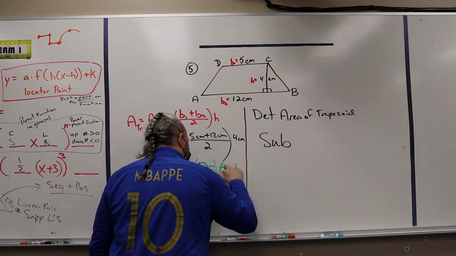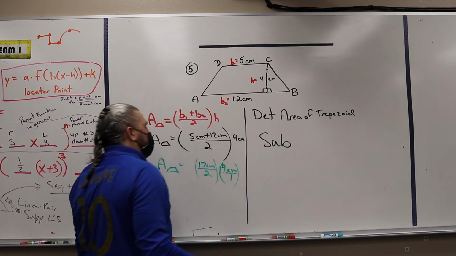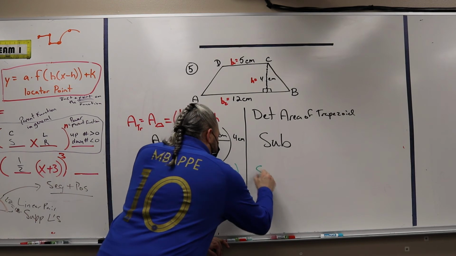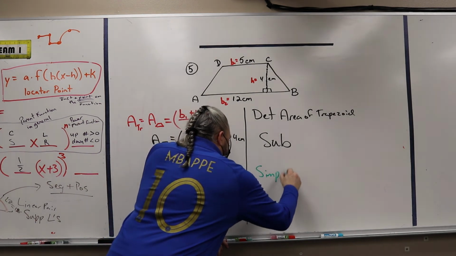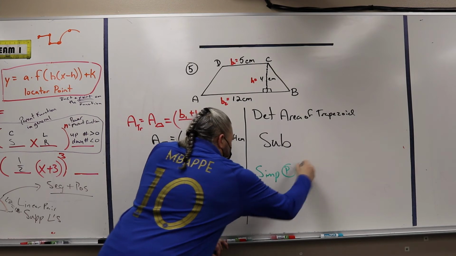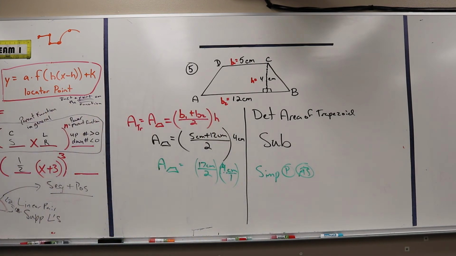And what was our first step? It was simplify inside the parentheses. And what did we do? Addition and subtraction, left to right.